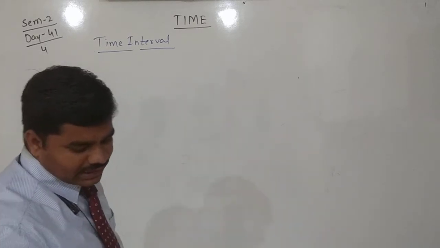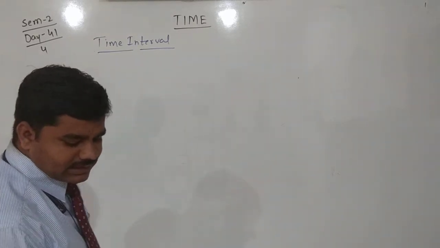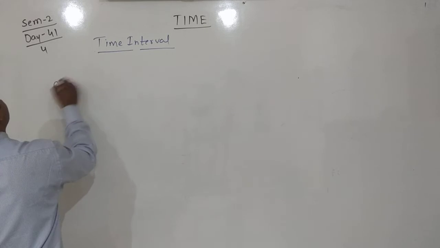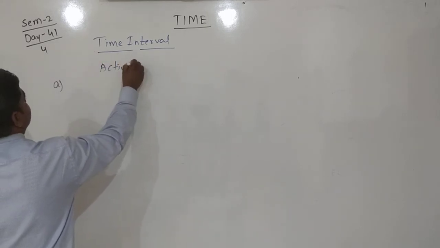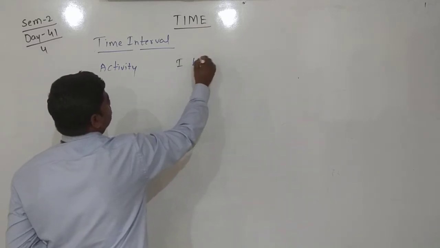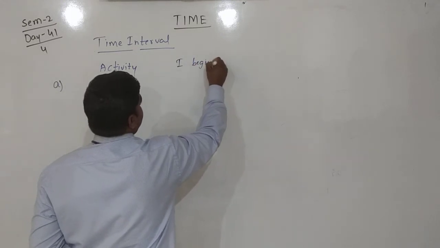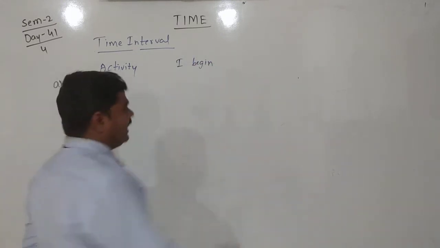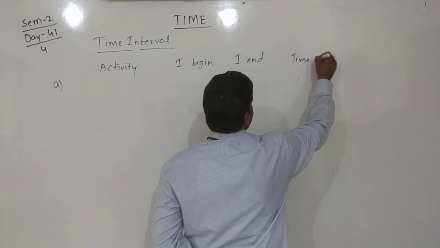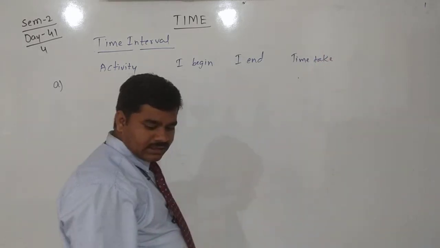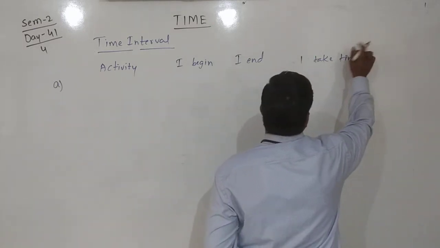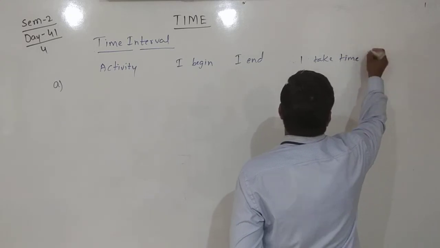Here the columns are activity, I begin, I end, and I take time, the time interval. This is only what time you take, that is the time interval.